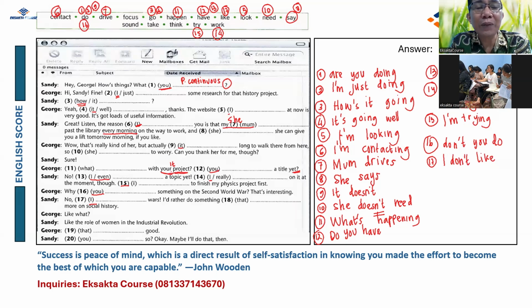Next, I would rather do something that... The suitable word in the box to complete number 18 is focuses. That focuses more on social history.